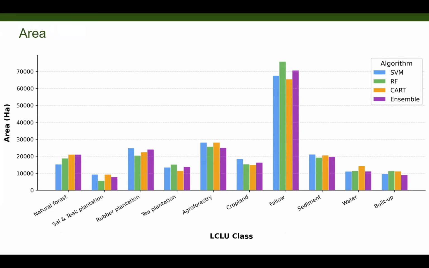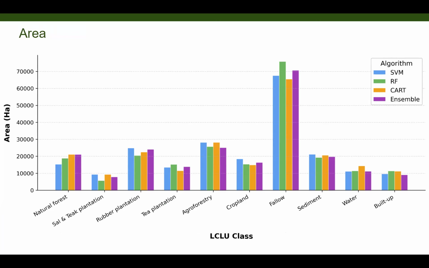The area is dominated by fallow land, and it's highest in random forest, while CART has the lowest. Second largest was agroforestry, because that landscape is dominated by agroforestry.